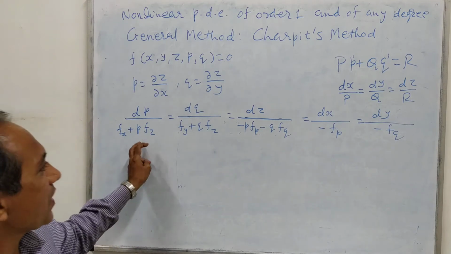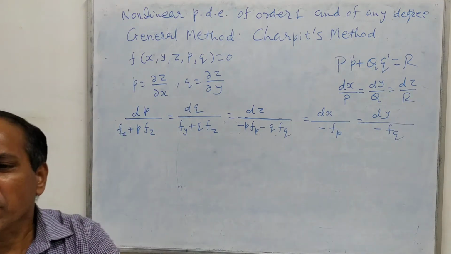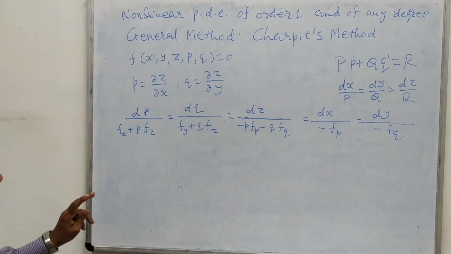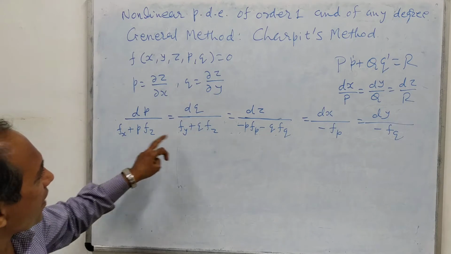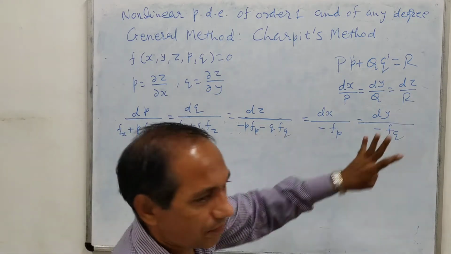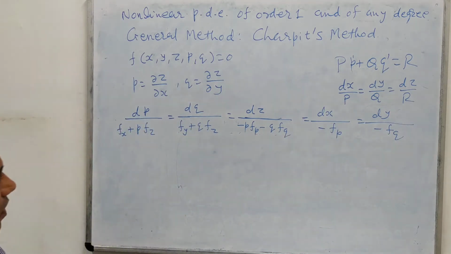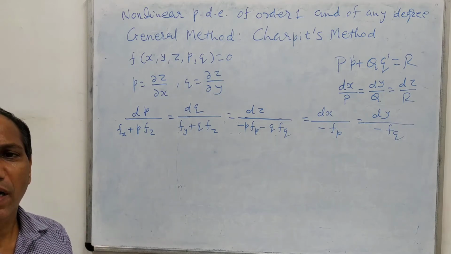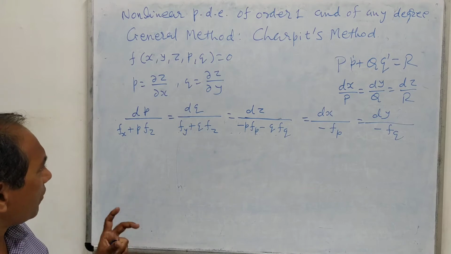Once you remember this formula, the solution process is very simple. Okay, so these are 5 auxiliary equations you can see. But among these, we want to solve only one pair.